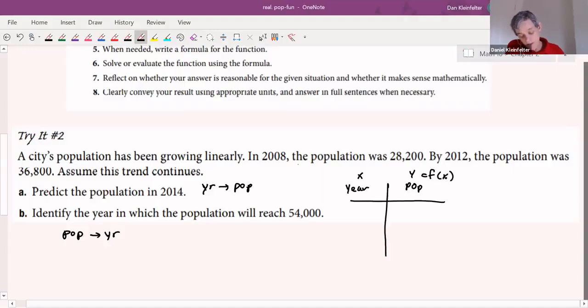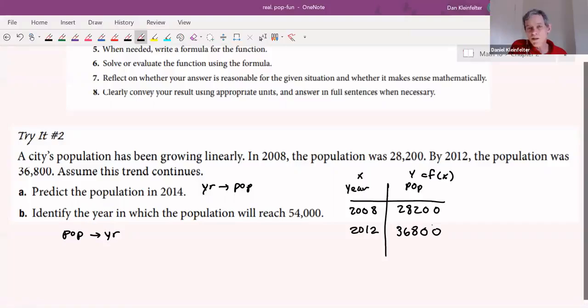So we have that in 2008, it was 28,200. And then 2012, it was 36,800. So here I'm using the actual values for the years.